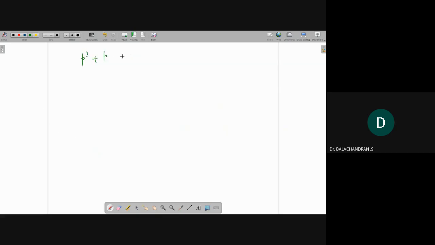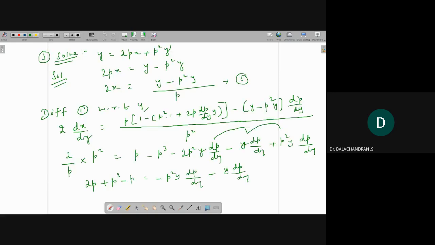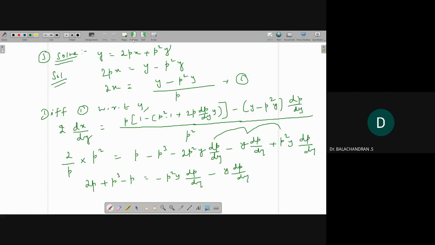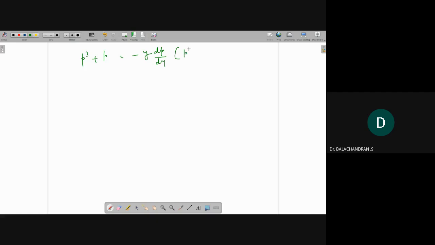The right hand side you have, I think here you can take commonly minus y into dp by dy. So if I take minus 1 into dp by dy, you get p square plus 1 now. So here also you can take p commonly.